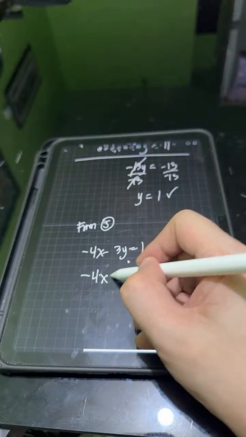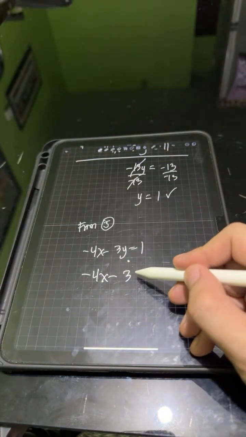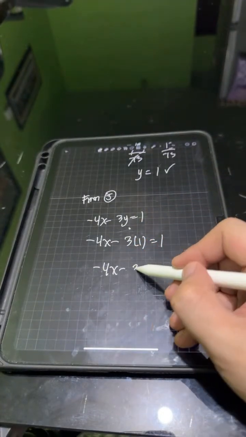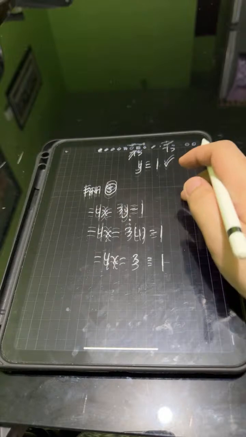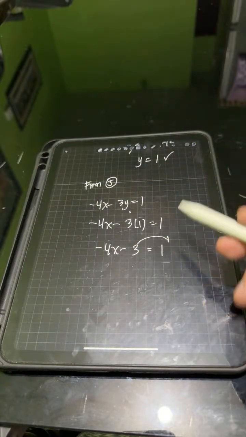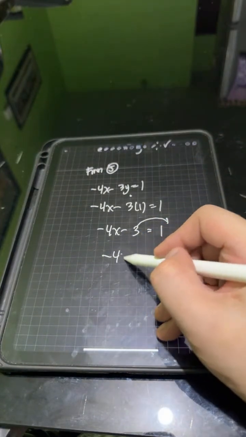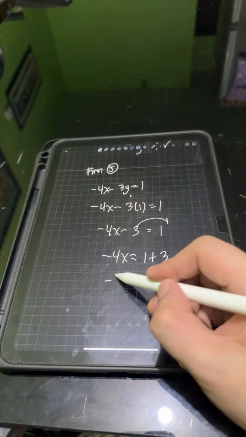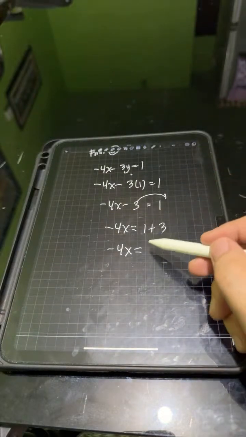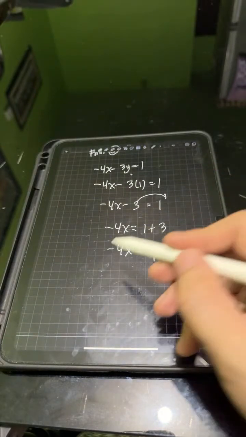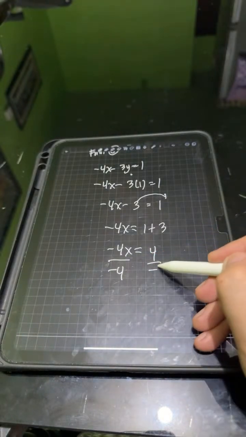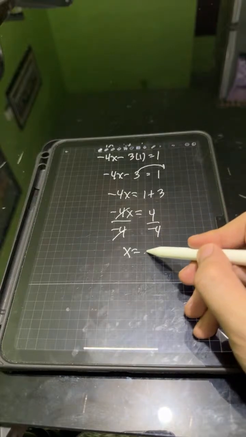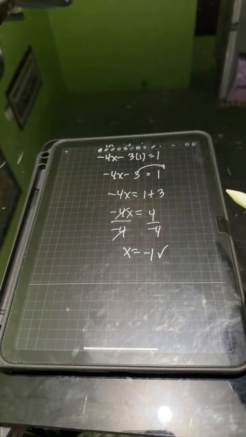So negative 4x minus 3 times y, which is 1, equals 1. So negative 4x minus 3 times 1 is 3, equal to 1. Transpose this negative 3 to the right side. Negative 4x is equal to 1 plus 3, or 4. Then dividing both sides by negative 4, x is equal to 4 over negative 4, or negative 1.